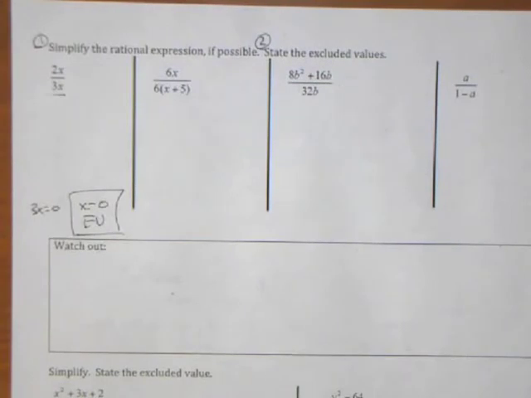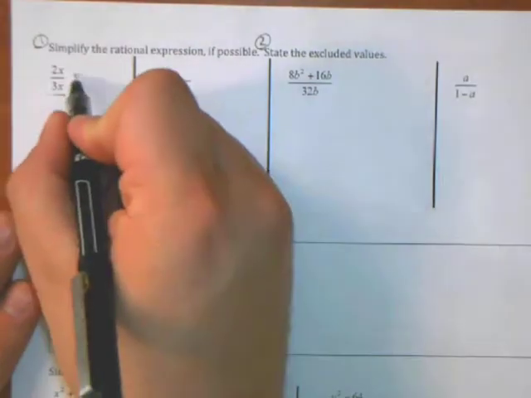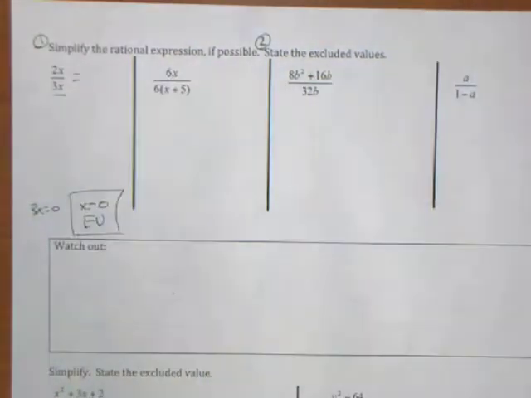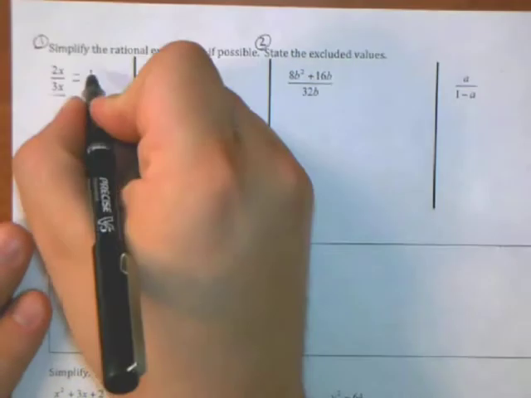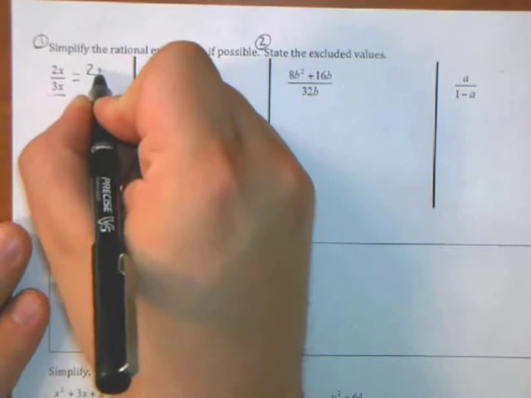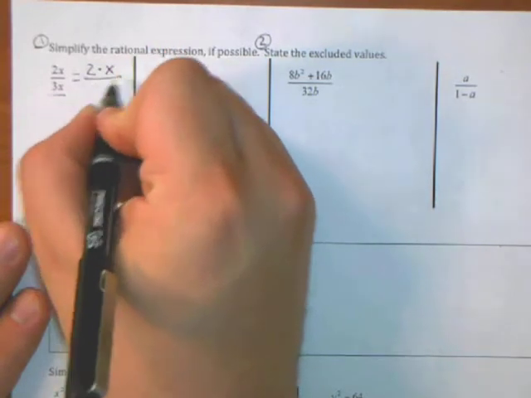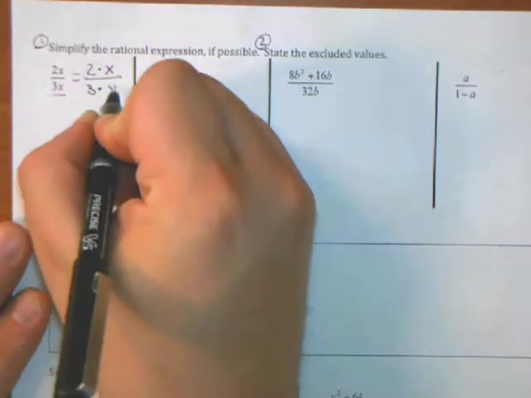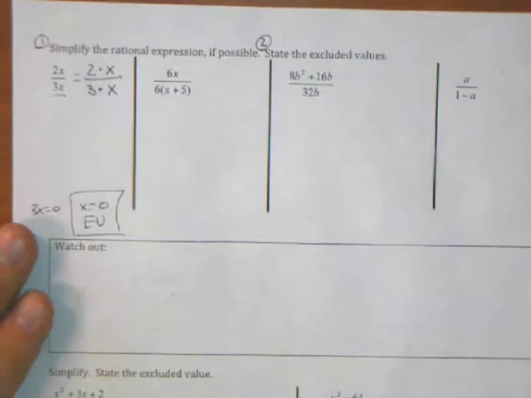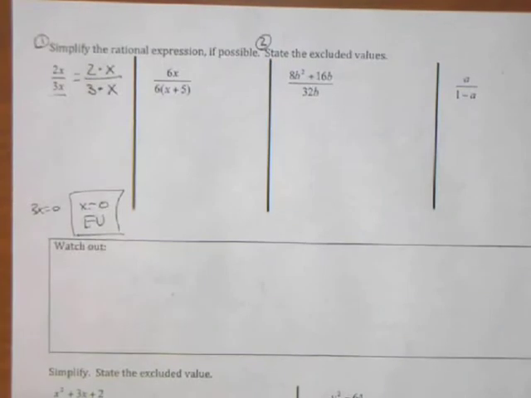Okay. To simplify, I always start by rewriting the expression to show very clearly what's being multiplied. So I'll do something as dumb as this: 2 times x, 3 times x. It might seem like a waste of time, but clearly showing what's being multiplied is pretty important.